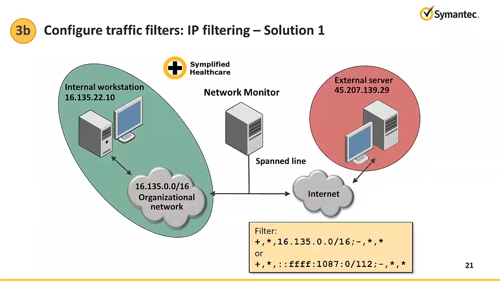In this case, the filters would be formatted as shown in the lower right of this diagram in both IPv4 and IPv6 formats. The result of this filter is that traffic with a source IP of 16.135.22.10 would match this filter and be kept for monitoring because it is in the specified subnet, whereas traffic with a source IP of 45.207.139.29 would not match and would be discarded.